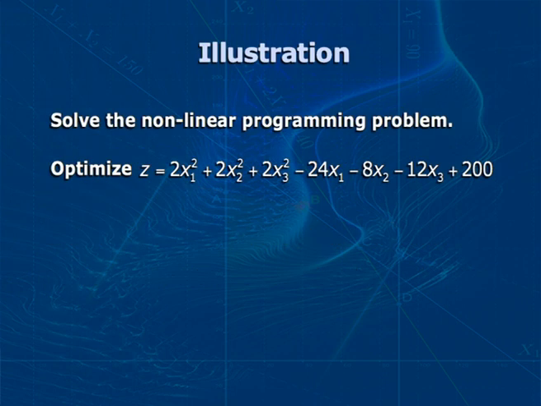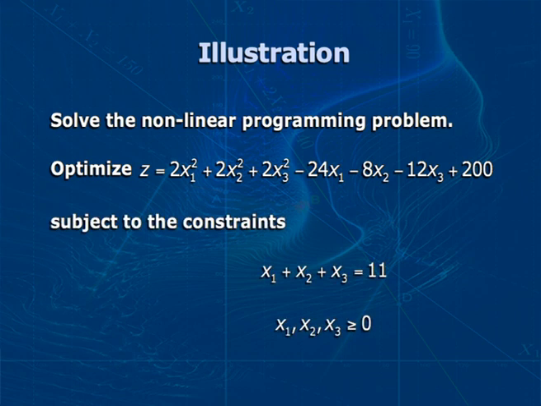Solve the nonlinear programming problem: optimize z equal to 2x1 square plus 2x2 square plus 2x3 square minus 24x1 minus 8x2 minus 12x3 plus 200, subject to the constraint x1 plus x2 plus x3 is equal to 11, where x1, x2 and x3 greater than or equal to 0.